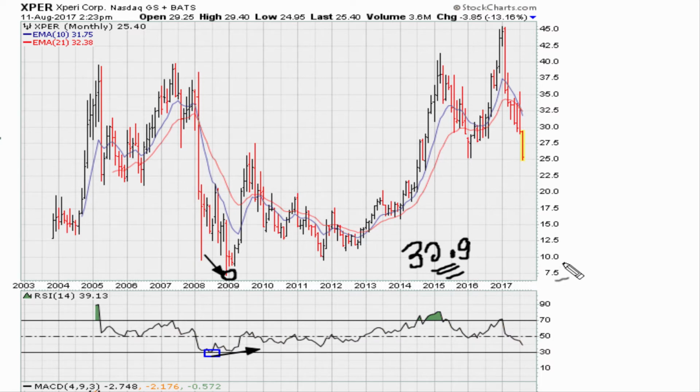So that negative divergence, I should say, actually it's a positive divergence, my bad, long day maybe. Positive divergence: we made lower prices while the technical parameters were improving. That's positive divergence, and ultimately it gives us this low and we get some type of recovery.